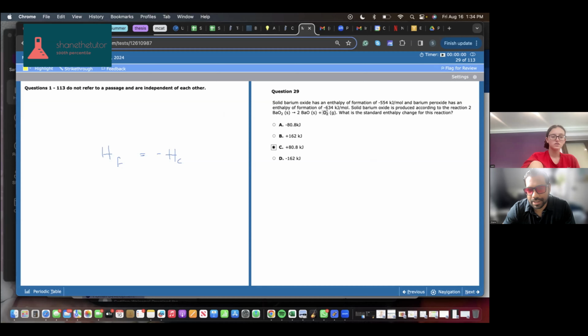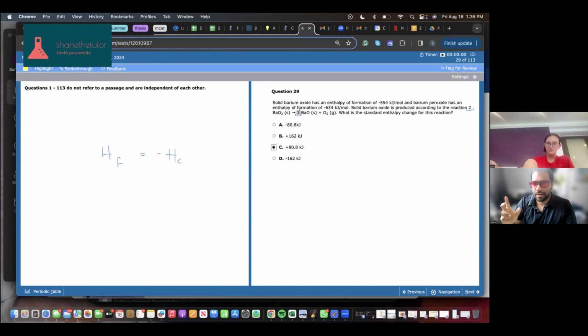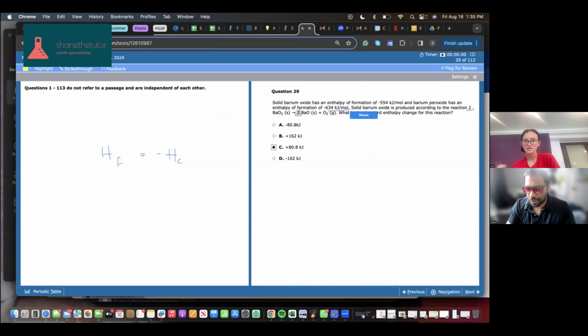I forgot to say that the coefficients come in as well. So there's two of them, but there's two of both, so doesn't it cancel out? It won't cancel out, because these are kilojoules per mole values, so the two would mean moles.